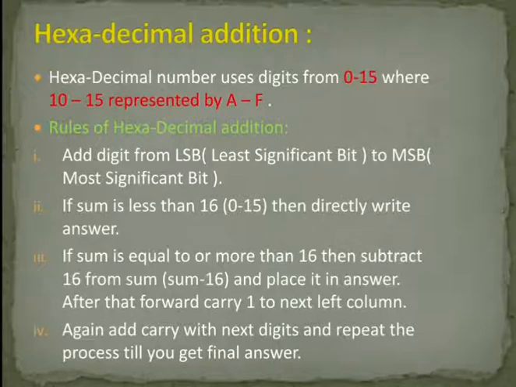Here we are subtracting 16, adding 16. Everything is same, just the number changes. In place of 8 we have to use 16. And see some examples. And one more thing, 10 to 15 you have to use A to F.